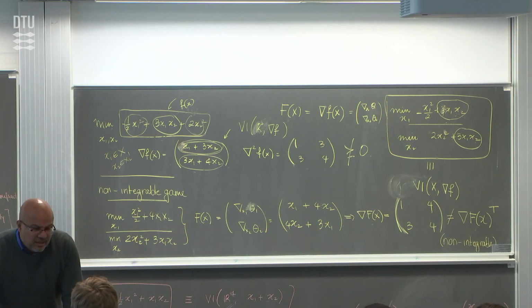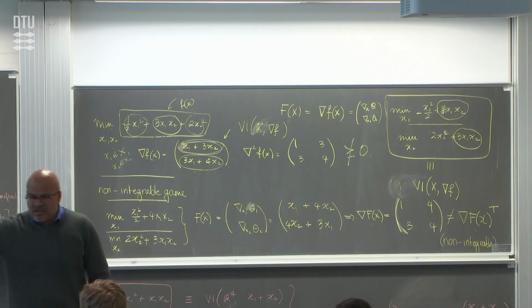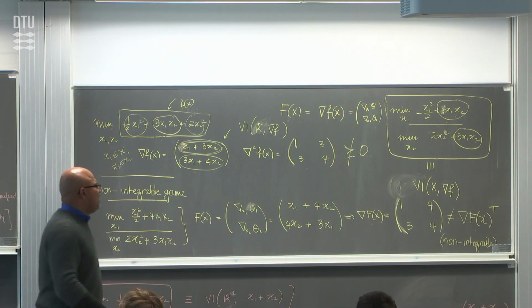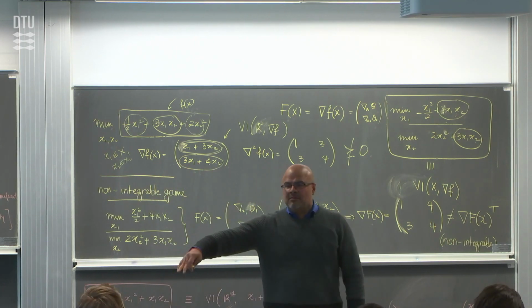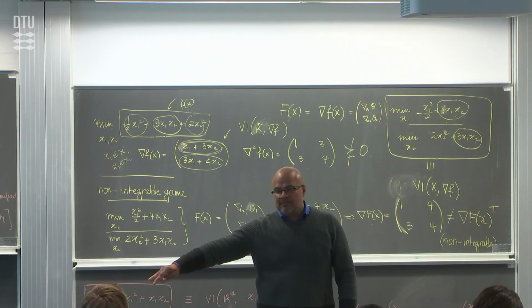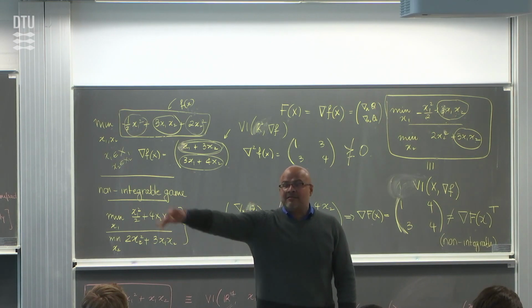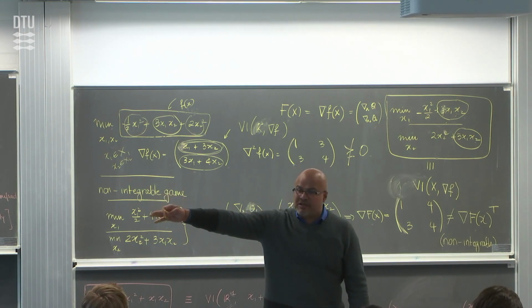There may be functions for which the stationary points are problematic. I have a function in the slides, I think, minimizing e raised to minus x on the non-negative real line. The solution is at infinity.